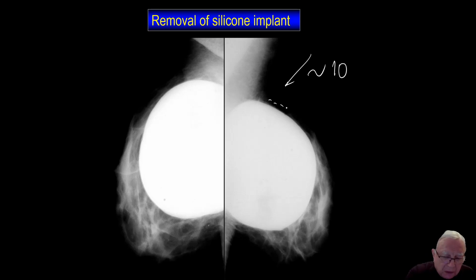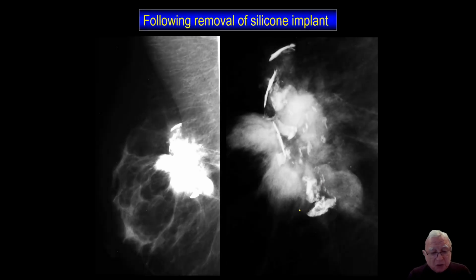And whether the individual person who got the silicone implant, especially if it's in front of the pectoralis major muscle, they may react differently. Some develop a capsule around this foreign body very fast. She doesn't like it, and she asked the surgeon to remove it. And now she has clinical problems.